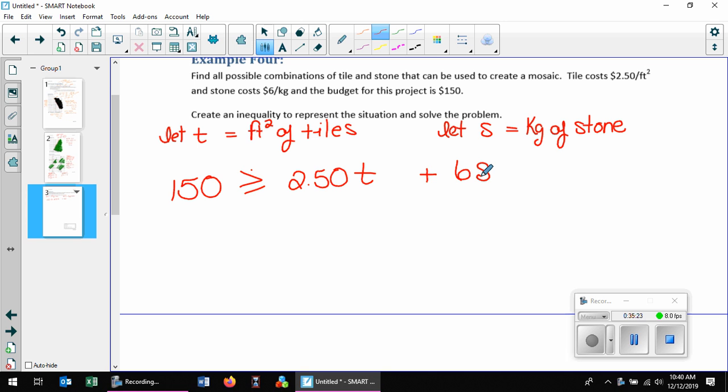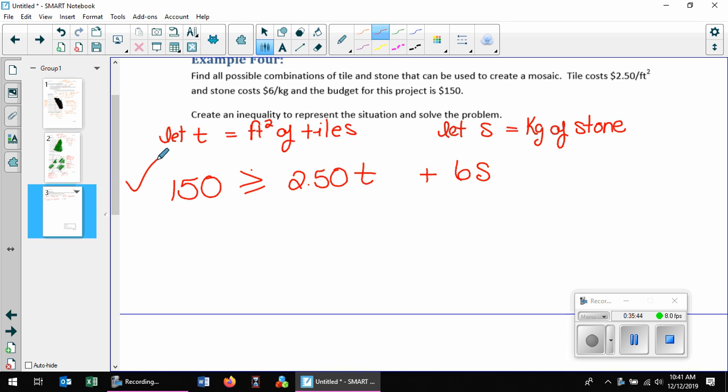So we know our stone, however many kilograms we have, plus our tile, however many square feet of that, has to be less than or equal to 150. Okay, so create an inequality to represent the situation and then solve the problem.